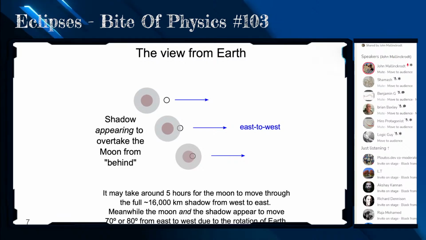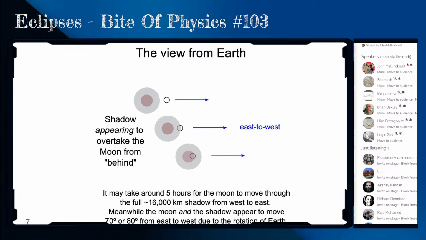So the moon moves to the west. The shadow catches up with the moon from my point of view and then engulfs it. Then the eclipse happens, and then the shadow moves out.